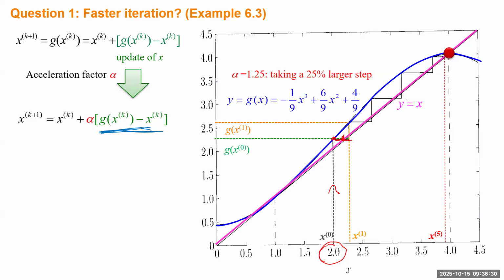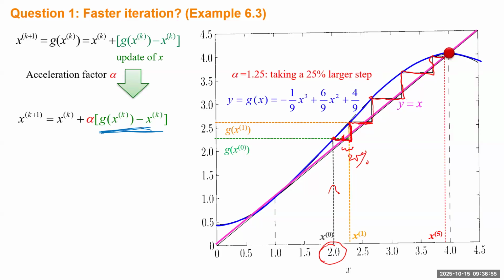We go further, about 25% longer beyond that line. Then from this point, we go up. Similarly, at each iteration, we go beyond that straight line about 25%.